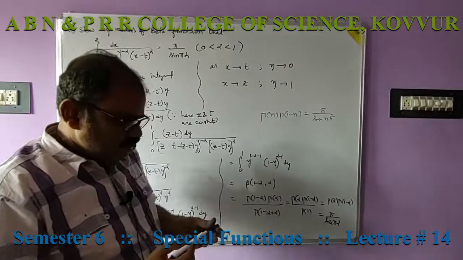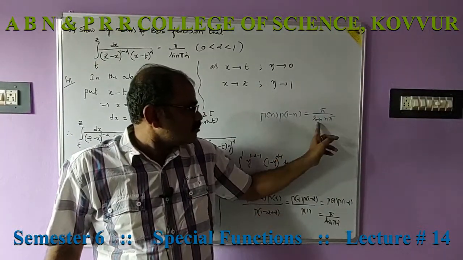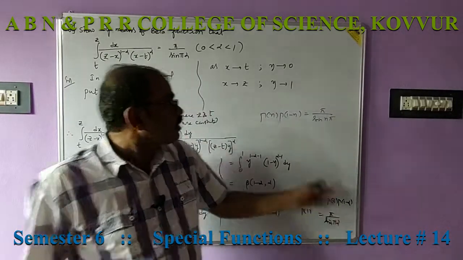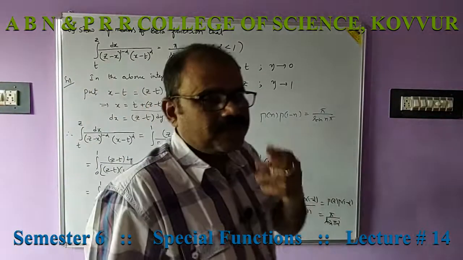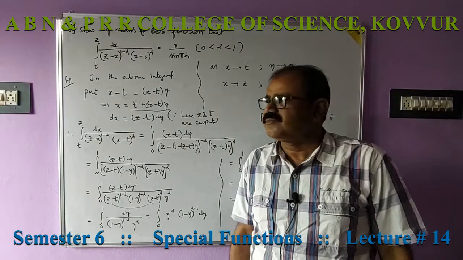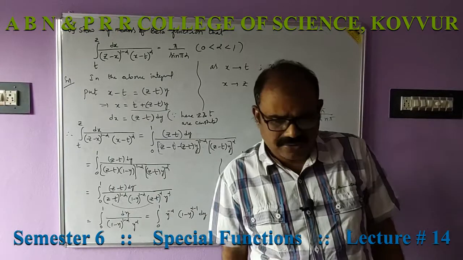So in place of n you have alpha. Gamma alpha into gamma (1 minus alpha) is pi by sin pi alpha. So that is what we require. So this is an important problem asked sometimes. So both read thoroughly. I have given the notes of it also.